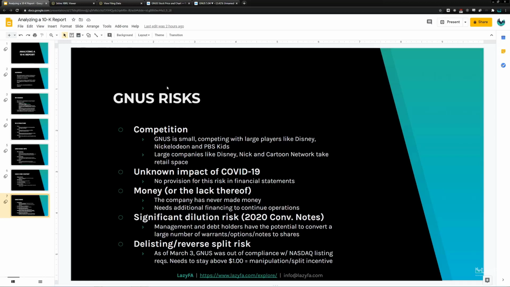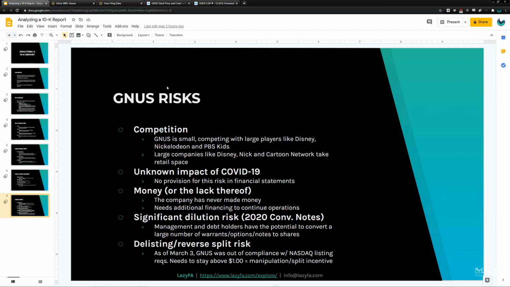And these companies have way more resources that they can use in order to take retail space from them if they're trying to sell their licensing, their branded products. These other companies just have so many more resources available to them because they're so much bigger. So they do face really intense competition in this space.